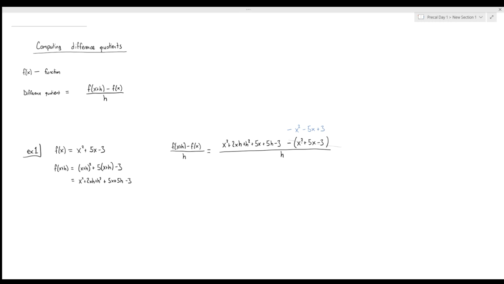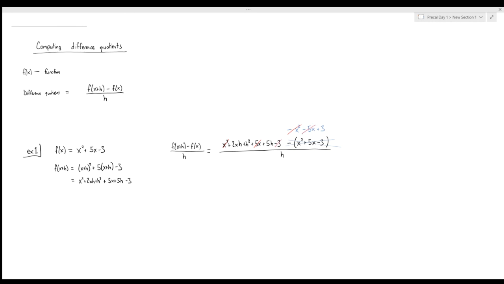All right. And then at this point, I want to simplify a little bit. So when you're calculating difference quotients, you'll always be able to simplify a bit. To start with, in the numerator, we have an x squared minus x squared. We also have this 5x minus 5x.